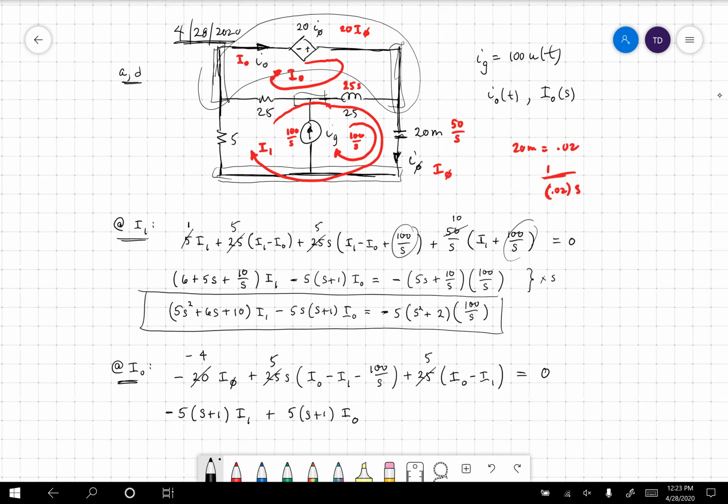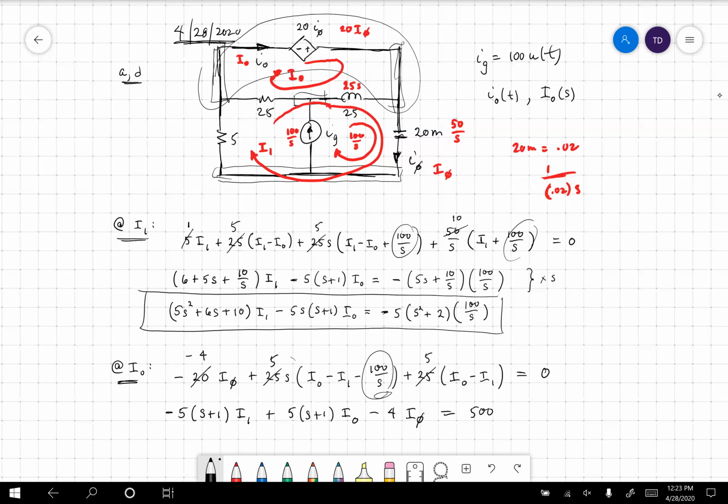And then I have this minus 4 I phi, so we're going to need a constraint equation for that. All of that sums up and is equal to, on the other side, bring that over to the other side. So it's 5s times that 100 over s, so that s is going to cancel. It's going to be 5 times 100, which is going to be equal to 500.